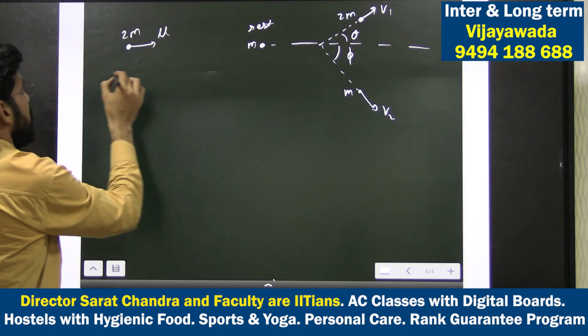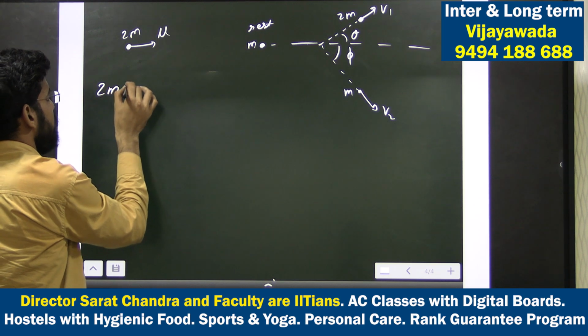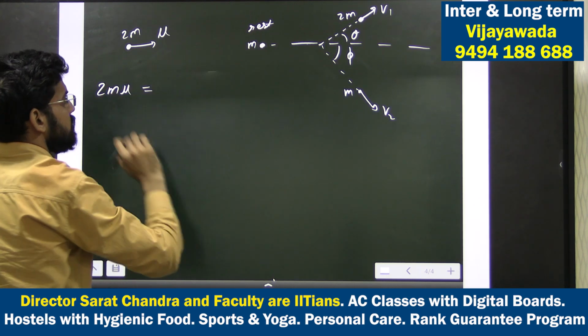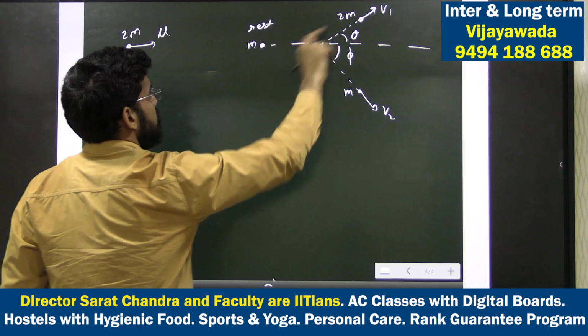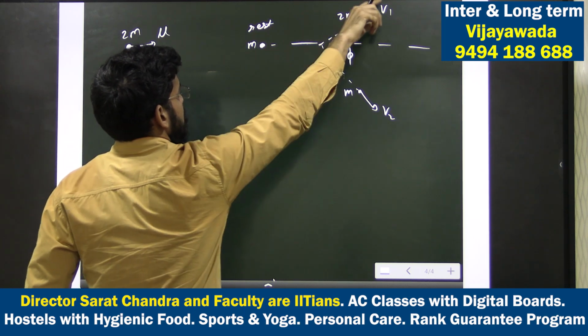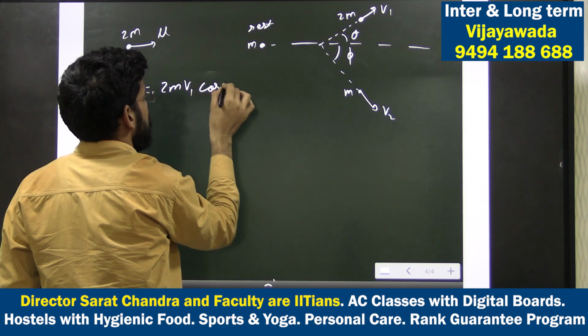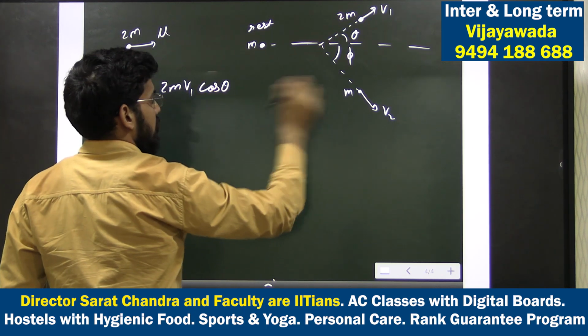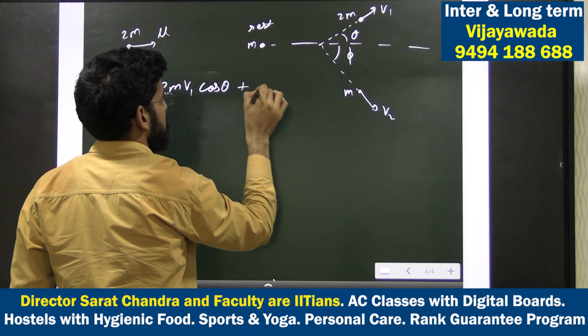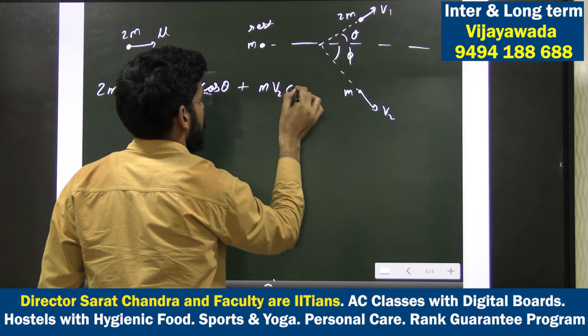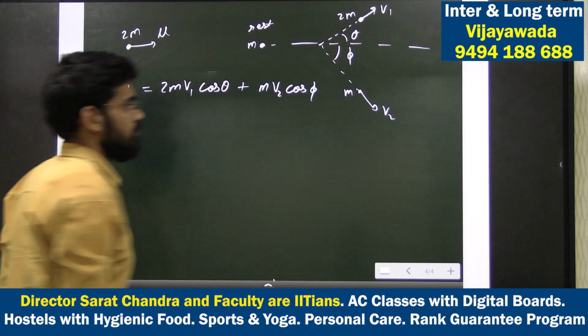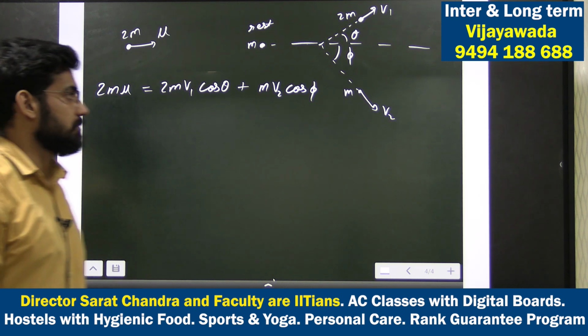Writing that equation: 2mu plus 0 equals 2m v1 cos theta plus m v2 cos phi. This is my first equation.